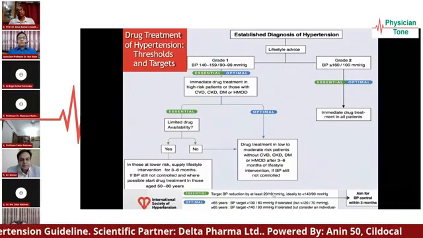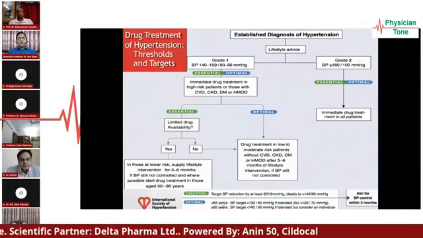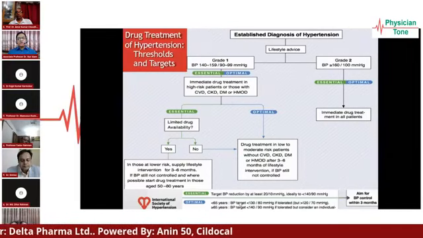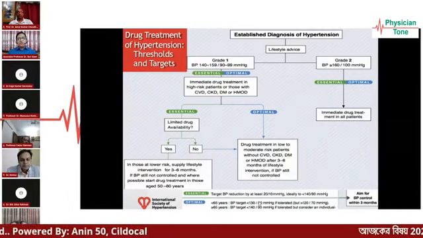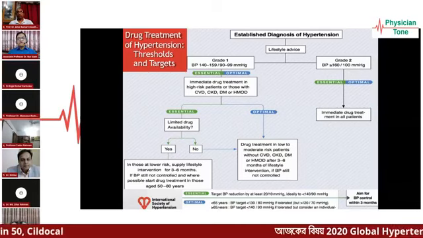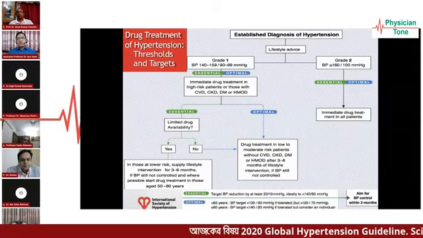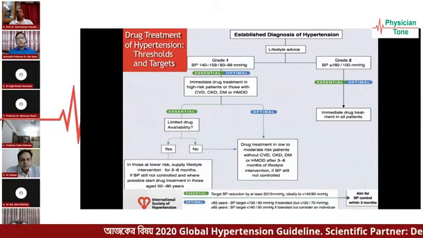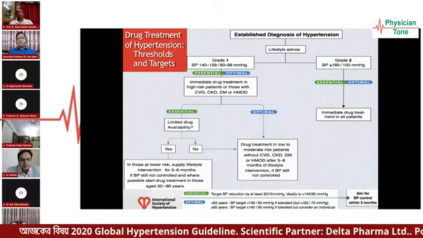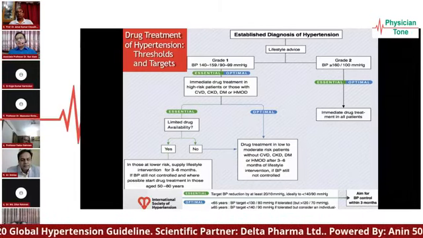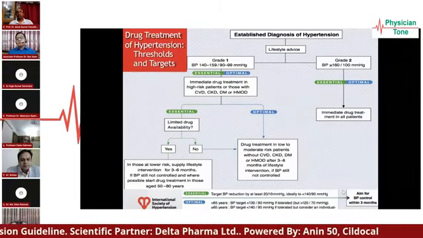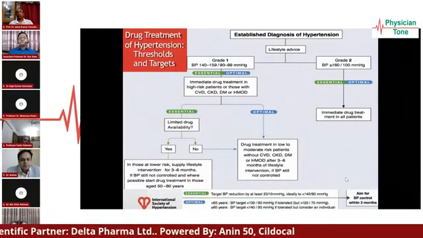And standard care, of course, is blood pressure less than 130/80 millimeter mercury under 65 years, and less than 140/90 millimeter mercury over 65 years. But try to keep it less than 130 by 80 millimeter mercury if the patient tolerates. And BP control should be achieved within 3 months.